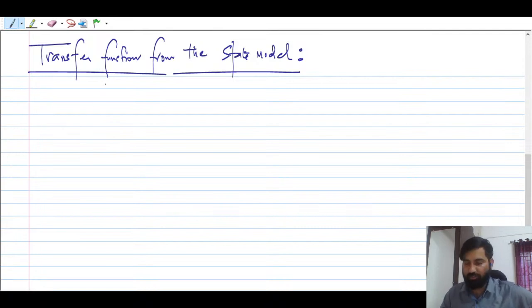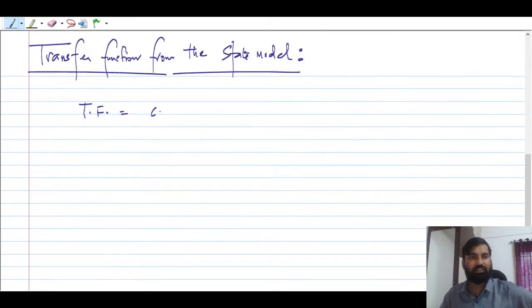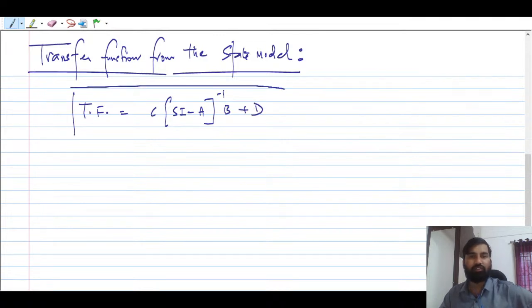So the transfer function for a state model: suppose any state model is given, similar to the one I have discussed. You have to understand it is C times (sI minus A) inverse times B plus D. So this is what the transfer function is going to be.